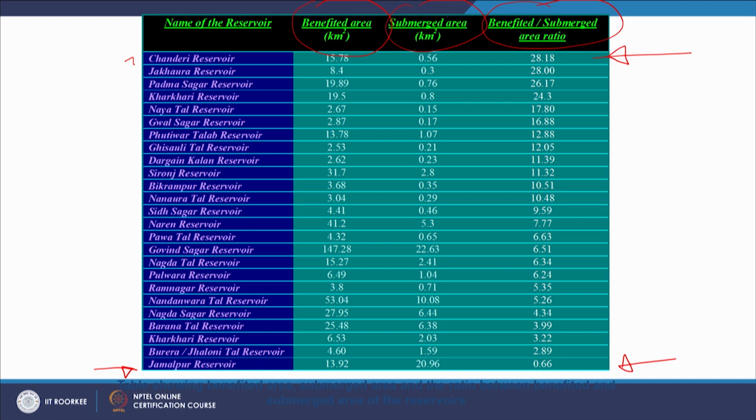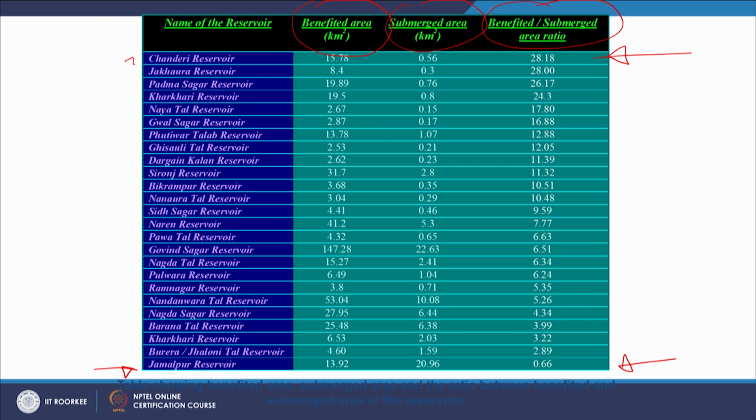So, this is not the area to develop a groundwater recharge structure. What 0.6 means is that if I submerge 1 square kilometer of area, in the downstream I am going to have benefits in only 0.6 square kilometer of area. And that is not a good ratio, and that is not a place where future investment in groundwater recharge structures should be made.